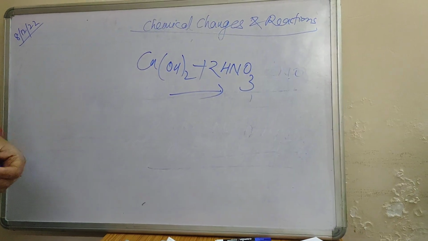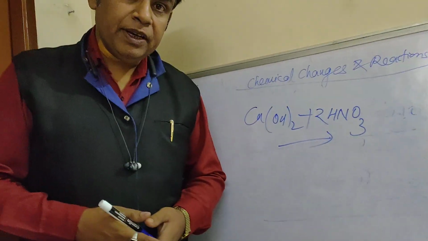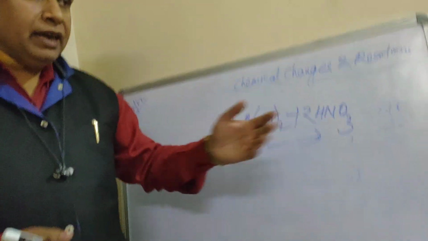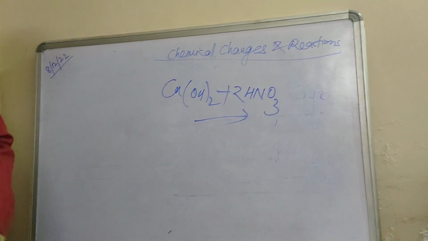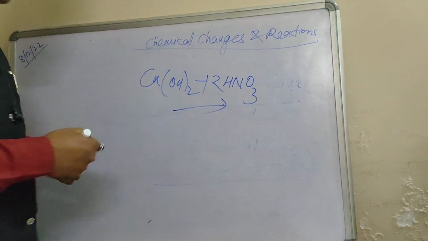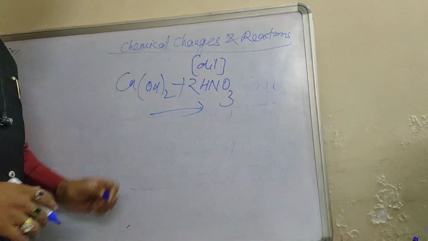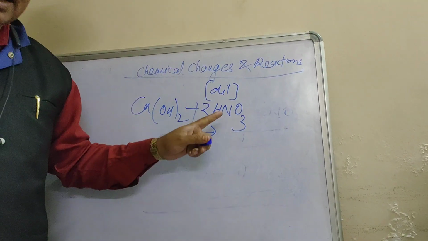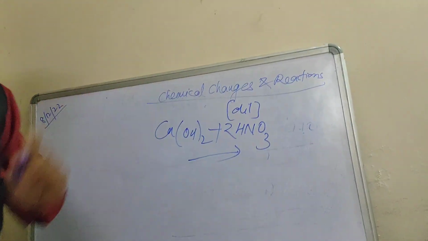There are three strong acids: HCl, sulfuric acid, which is also known as the king of chemicals, and then nitric acid. I have taken dilute nitric acid. It is very important to mention whether the acid you are taking is dilute or concentrated. Getting me?